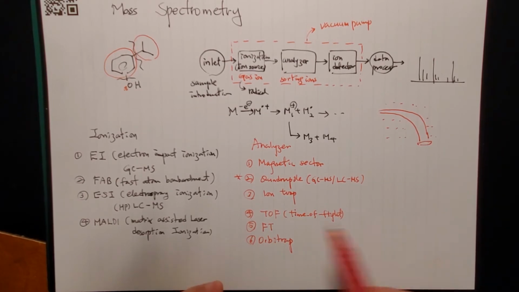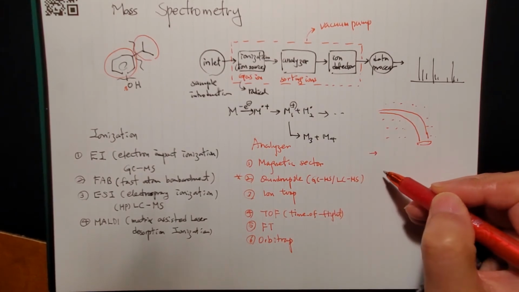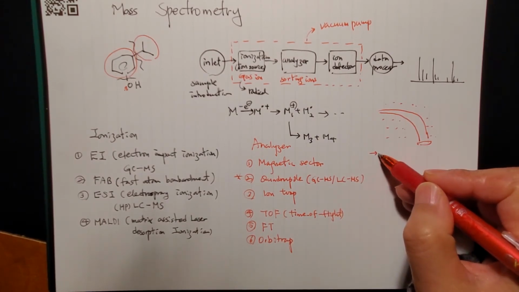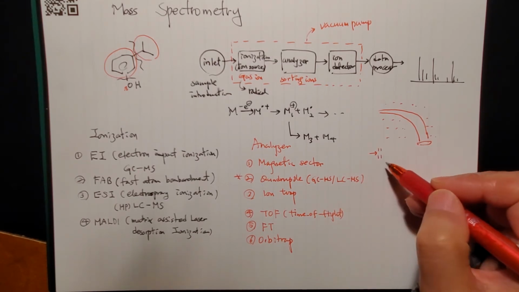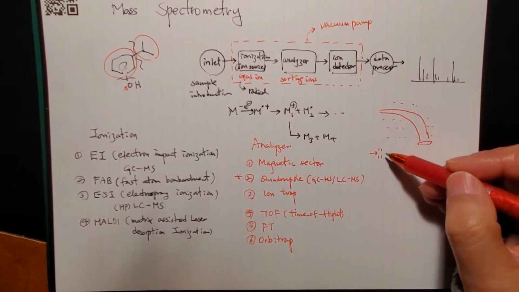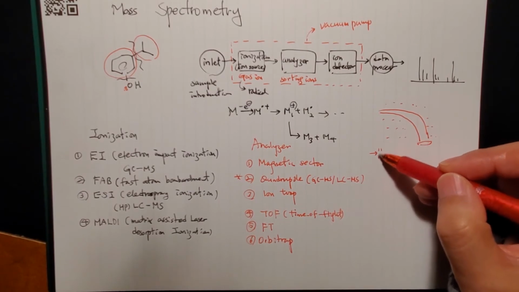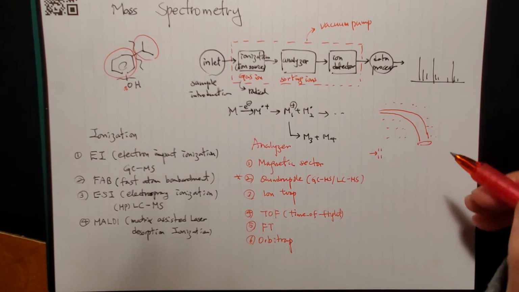The other one is time of flight. It's pretty simple as well. You have the ion source generating ions, then you accelerate the ions using some plates of oscillating voltage. Plus and minus charges will be changing on the metal plate.